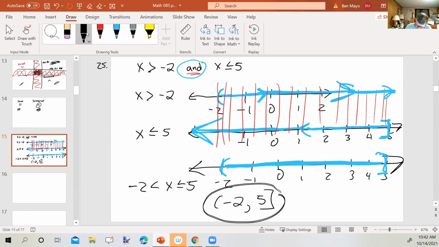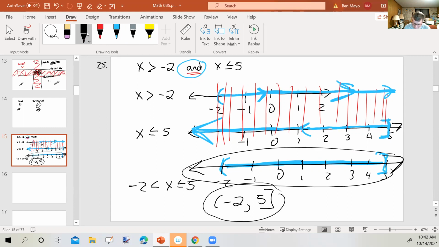Here is interval notation and here is the graph. Everything between -2 and 5, not including -2, but yes, including 5. Any questions on this example? All right, let's take a look at another one.